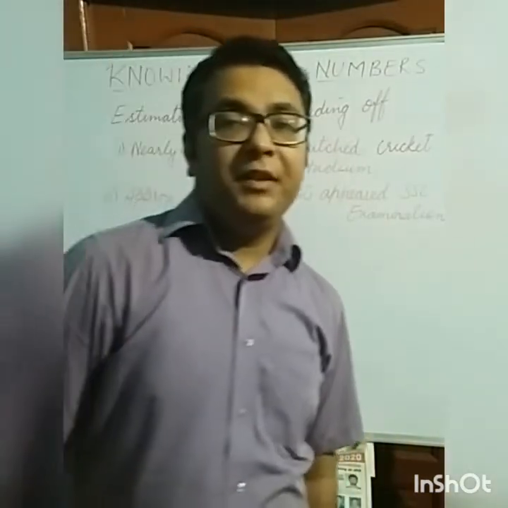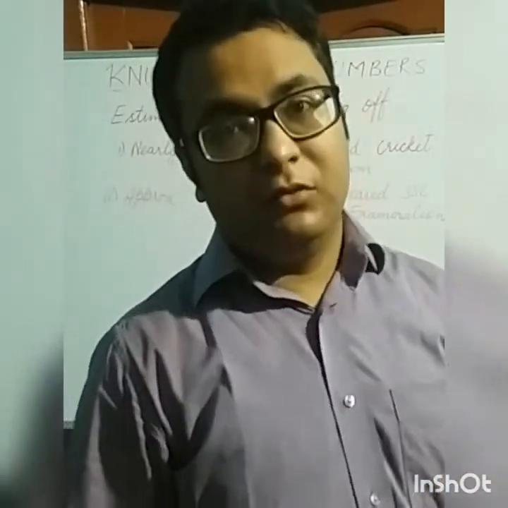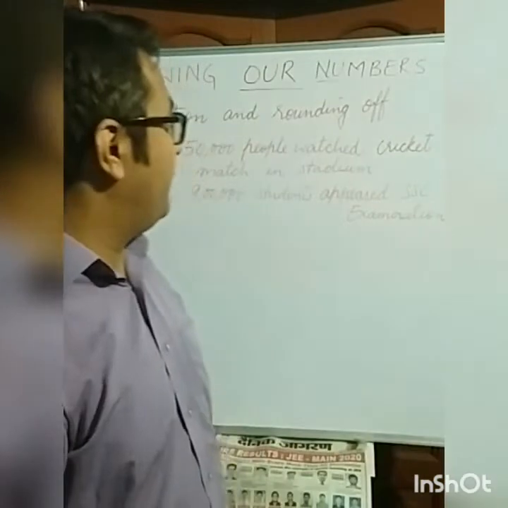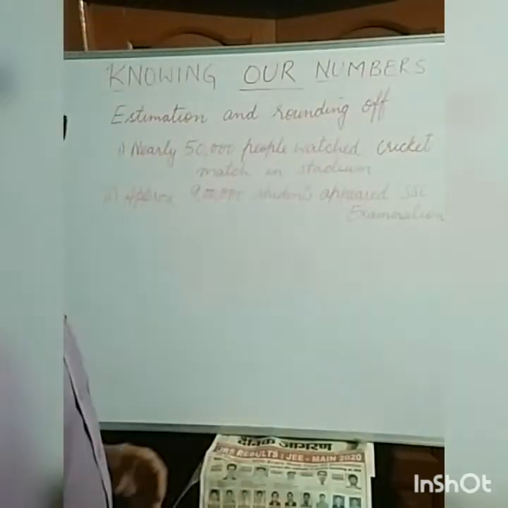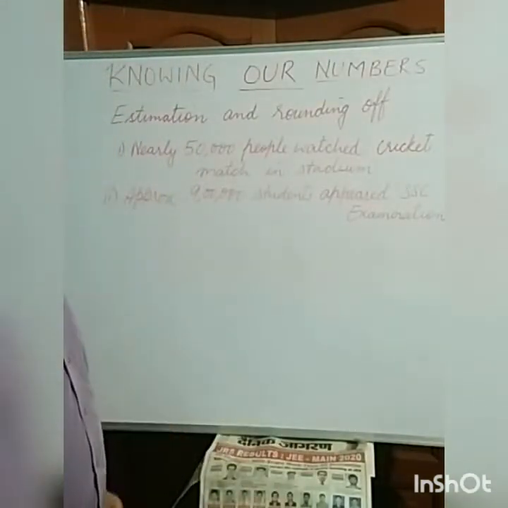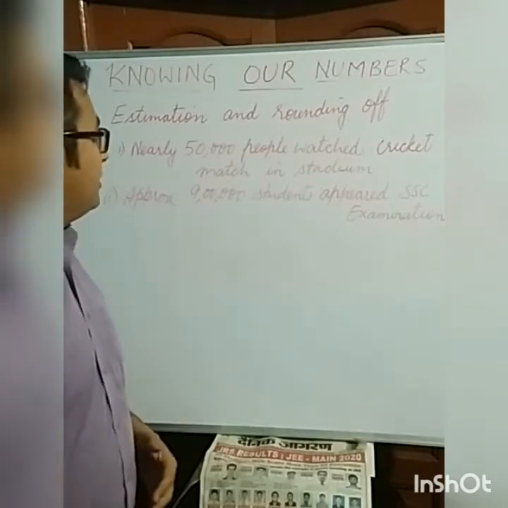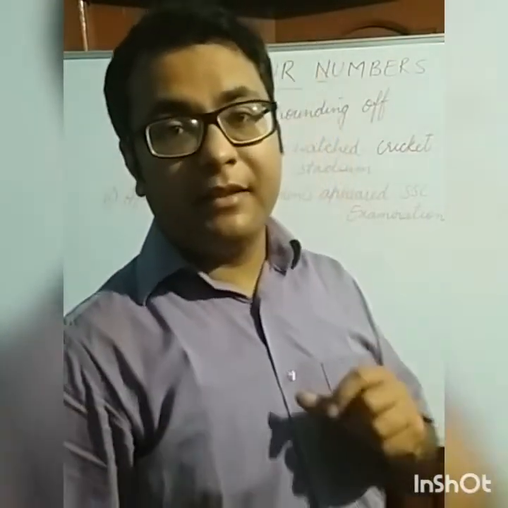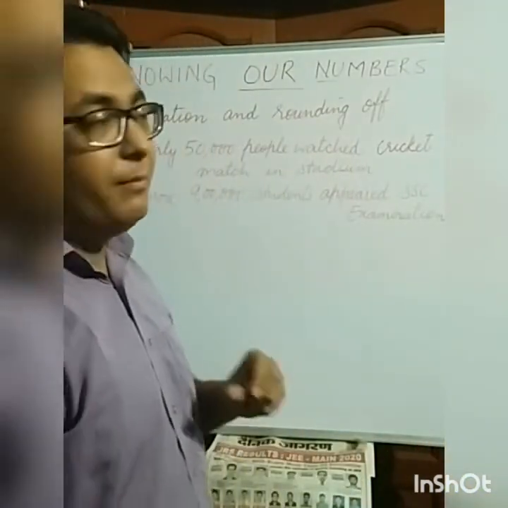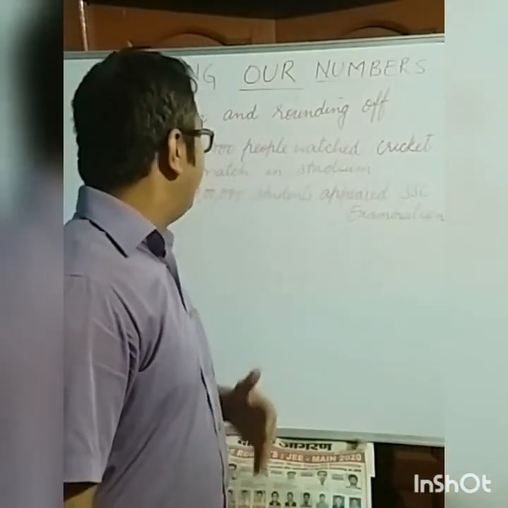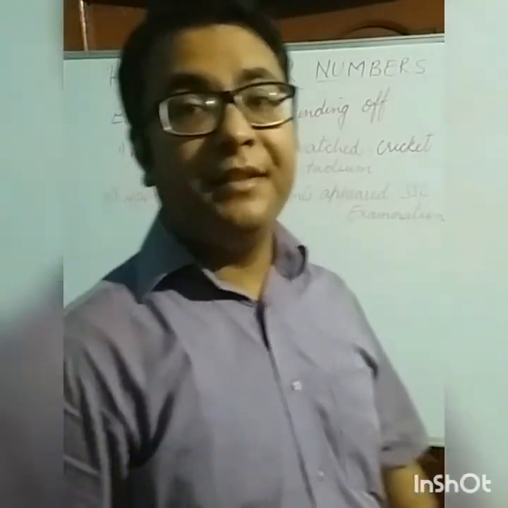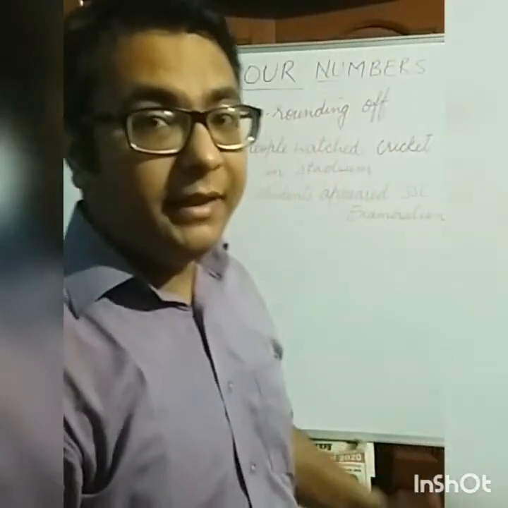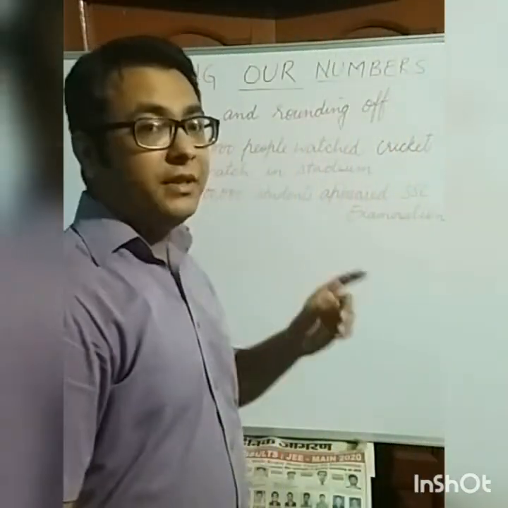By estimation we mean the approximate value. Suppose I have written a few cases on the board. For example, first, nearly 50,000 people watched the cricket match in the stadium. It is not compulsory that exactly 50,000 people watched the match. It may be 49,975 people, or it can be 50,035 people.